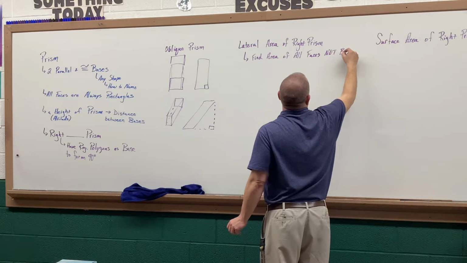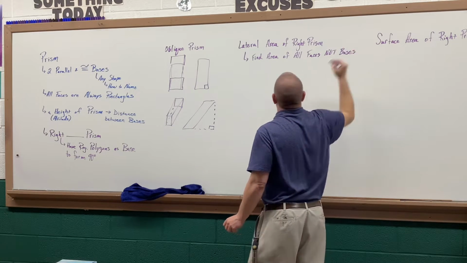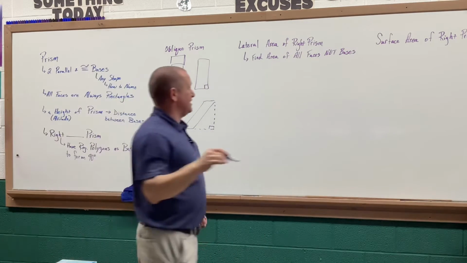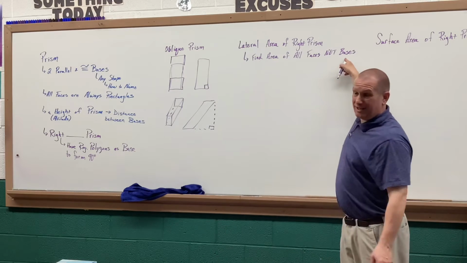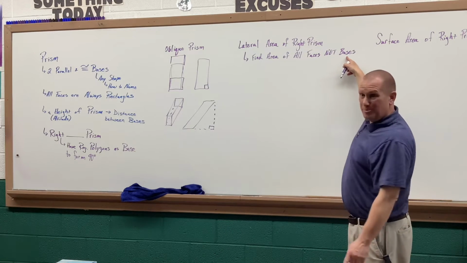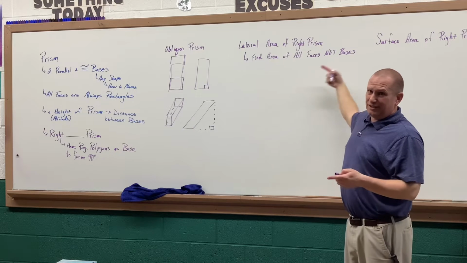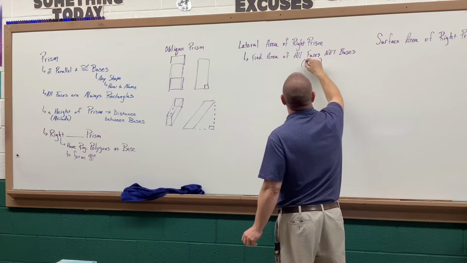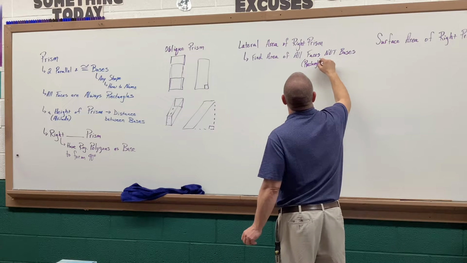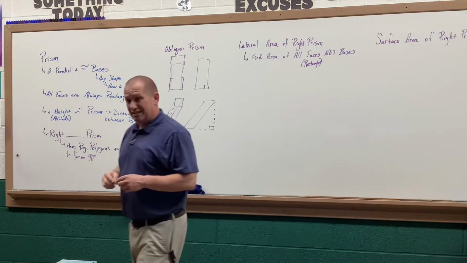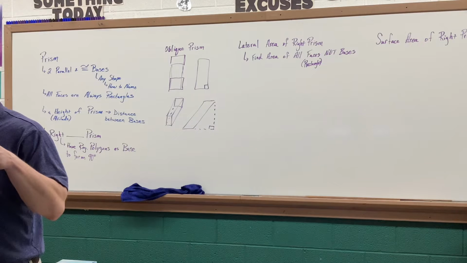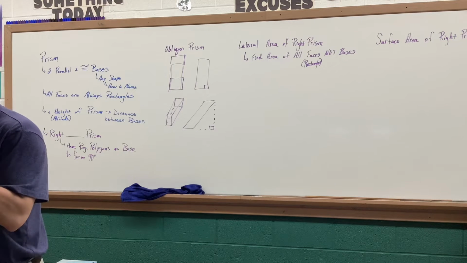And so realistically, these should always be rectangles. Now, every once in a while when we're talking about a box, then our bases are rectangles too, so that's where I'm hesitant to write it that way. But all my faces should be rectangles all the time. So if you have a different base besides a rectangle, then you're looking at all of the rectangles and finding the area of each individual one and adding them up.